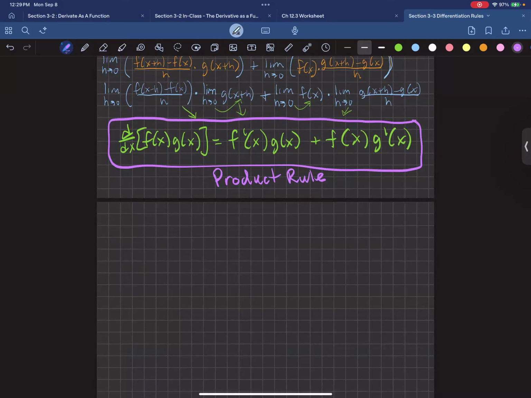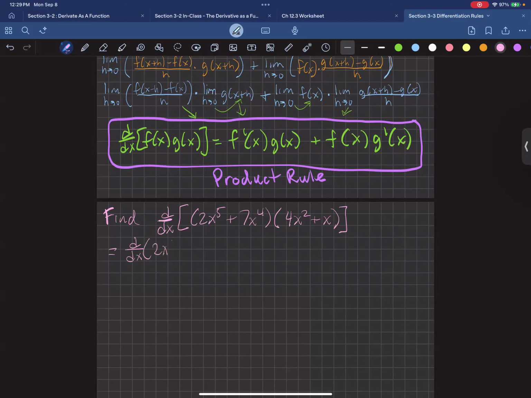So let's use it in an example. Let's, thinner pen. Find d/dx of, I don't know, let's go with 2x to the 5th plus 7x to the 4th times 4x squared plus x. So the way we do this is we do d/dx of the first one.